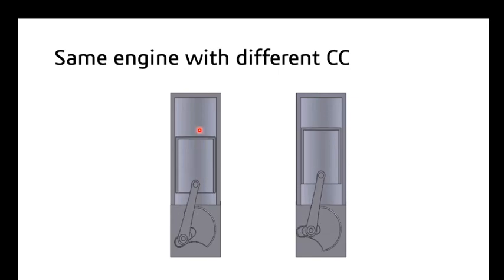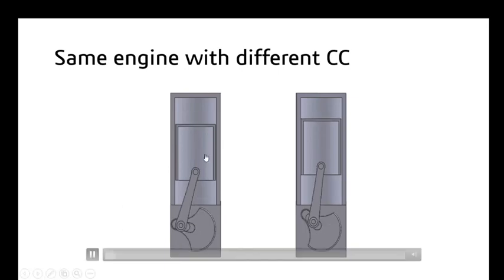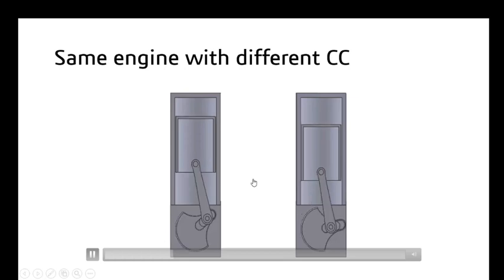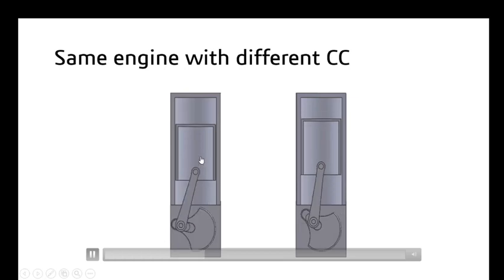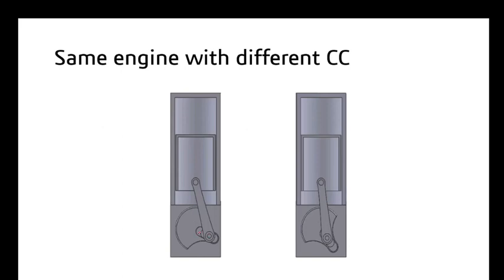This one is the high cc engine and this one is the low cc engine, and both are included in the same engine. The mechanism behind how it changes from the high cc engine to the low cc engine can be obtained from the crankshaft position, or the crankpin position.